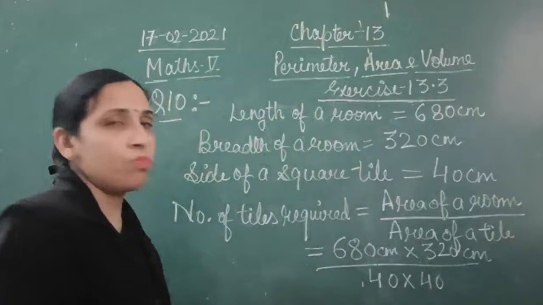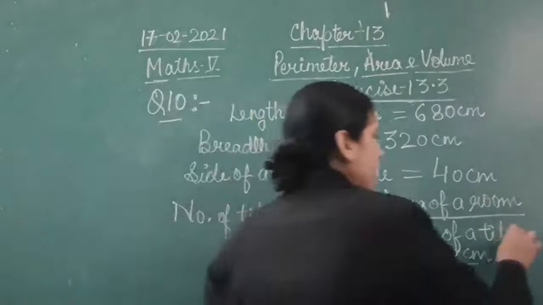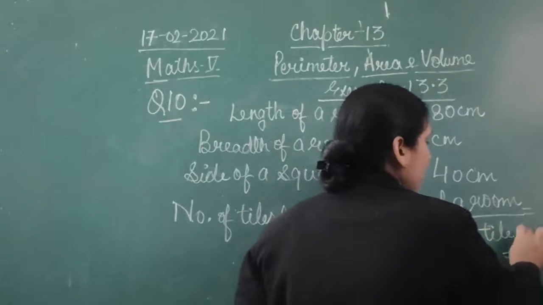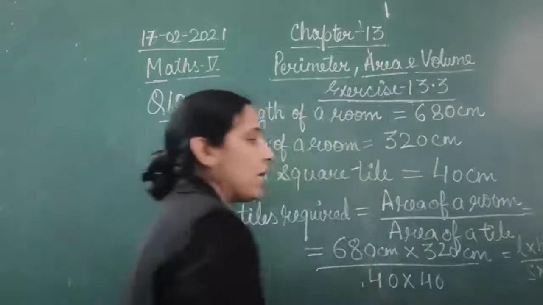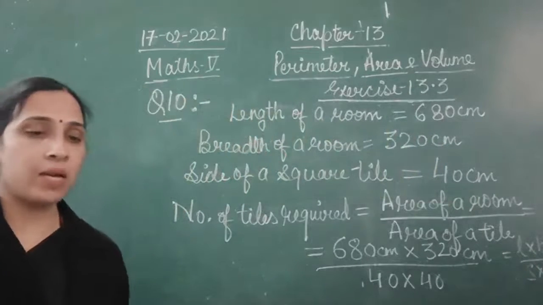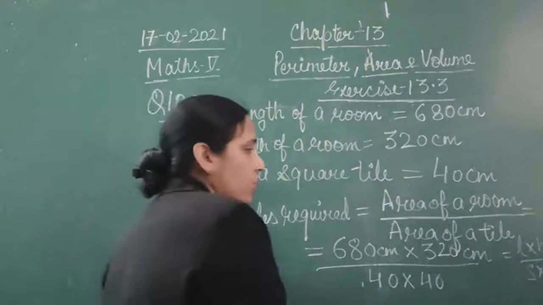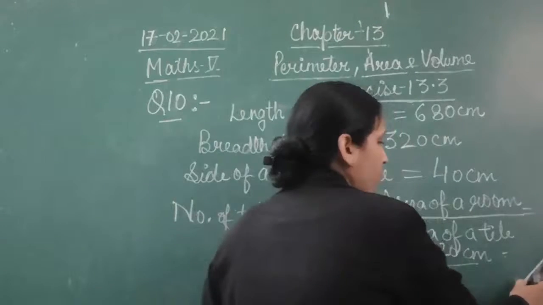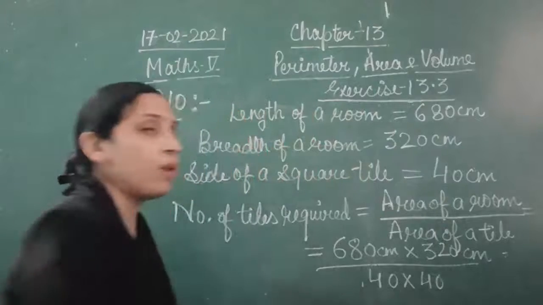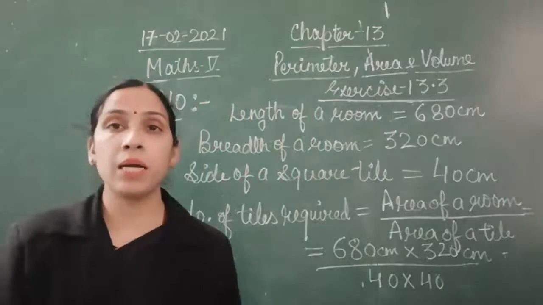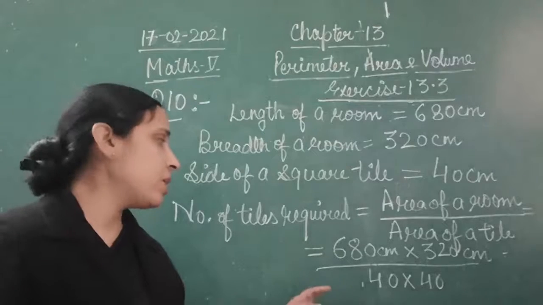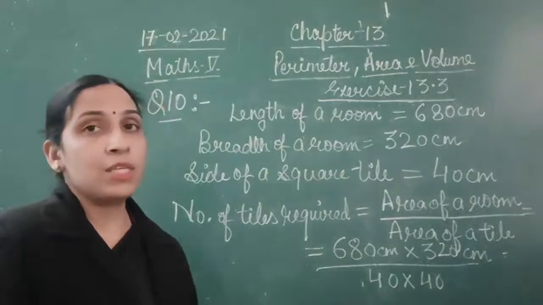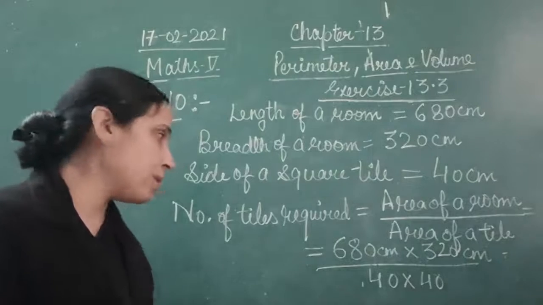So the area of a room is length multiplied by breadth, that is L into B, divided by S into S. L into B divided by S into S. You all know the formula. Area of a room means you multiply length by breadth, and the area of the tile will be S into S, side multiplied by side.